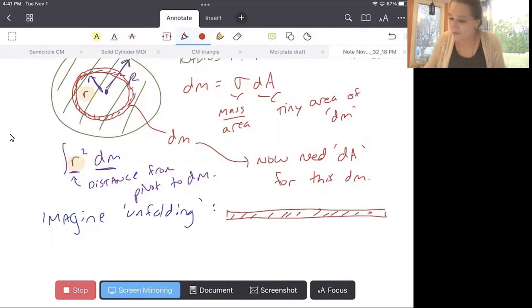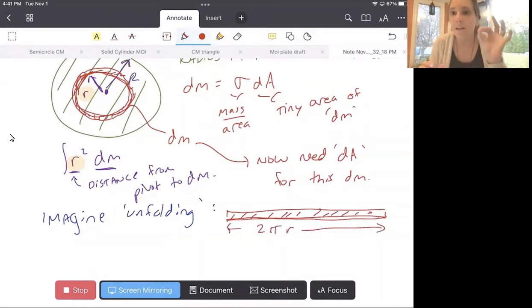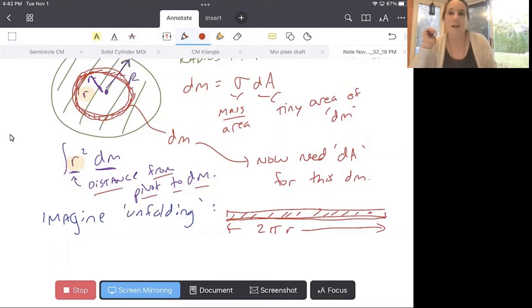So the whole circumference is still this whole length, and that length is our circumference, which we can see was at a distance r. So that length is 2 pi r. And that is my little r because it is the variable distance from the pivot to dm. So that's not my capital R, it's the radius of the little bit of dm that I drew.